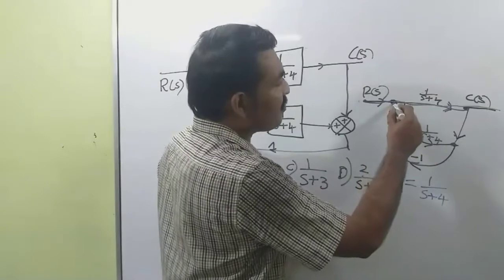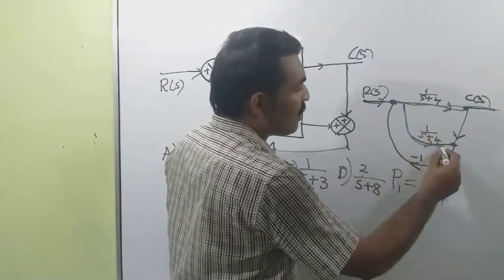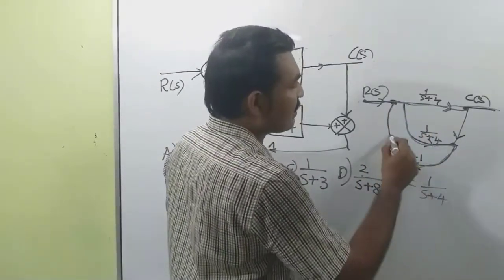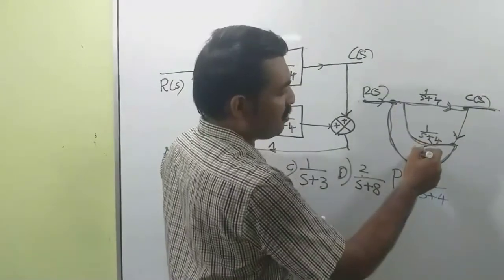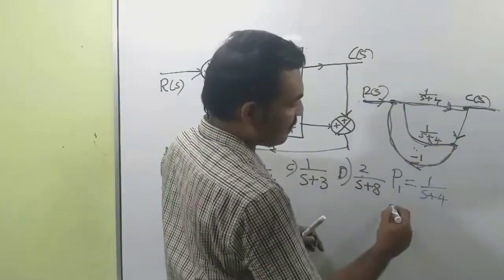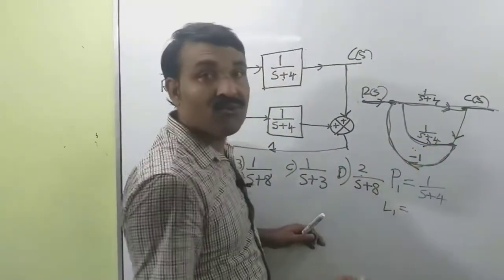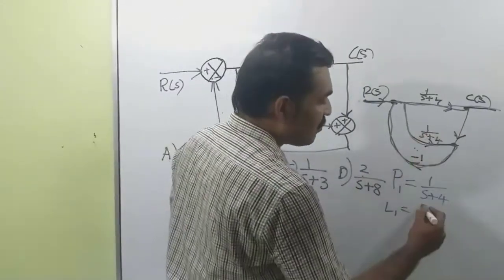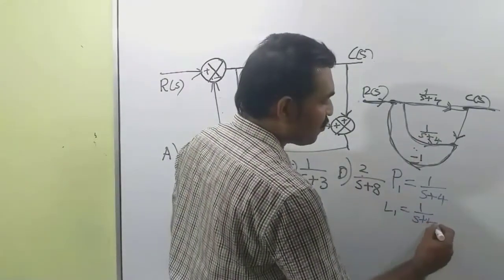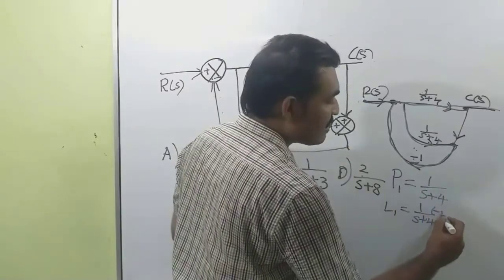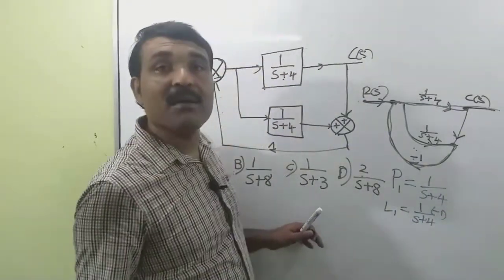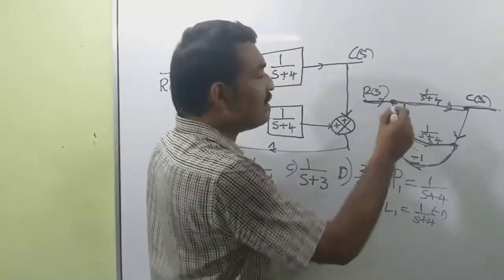I start from this point, move along this direction and return to this node. So this is a loop, and the loop gain is the product of the path gains, that is 1 by s plus 4 into minus 1, so minus 1 by s plus 4. Now this is also a loop.